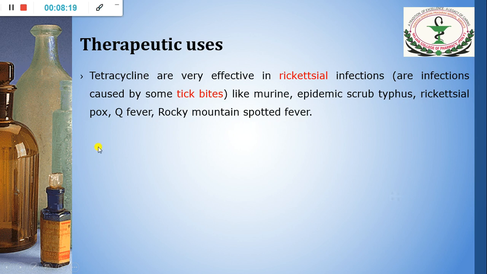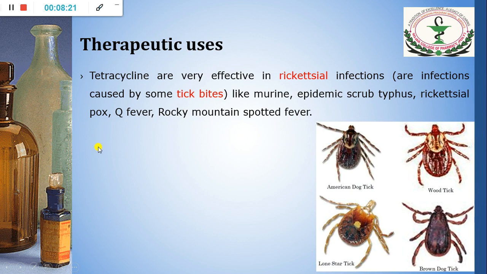You can see that these ticks are mostly available in the African countries, and if these ticks bite a human being, that may lead to infection. These infections are called rickettsial infection. And tetracycline is used for the treatment of this rickettsial infection.